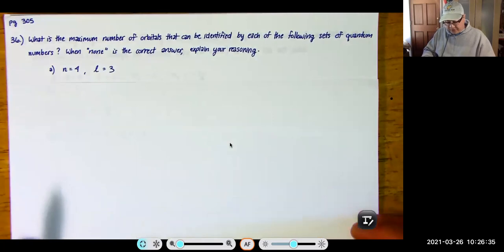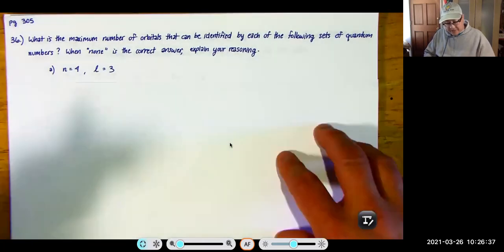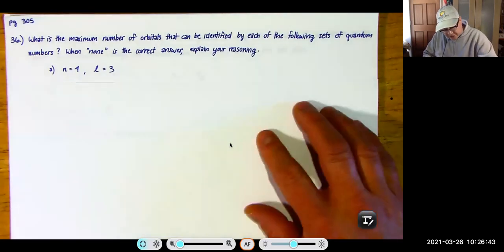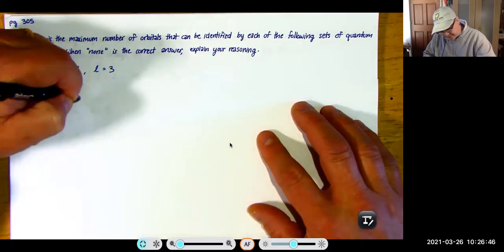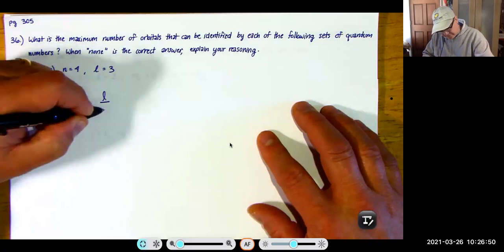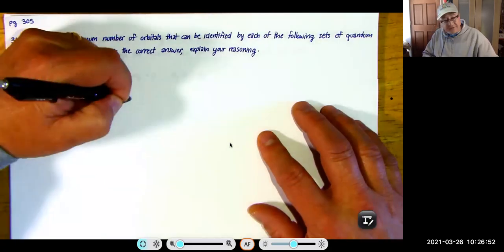Okay, so let's look at number 36. What is the maximum number of orbitals that can be identified with each of the following set of quantum numbers? Well, the best way to answer this is to fill out the whole list as follows. So what can m sub l be?